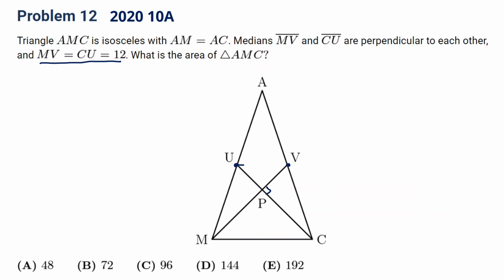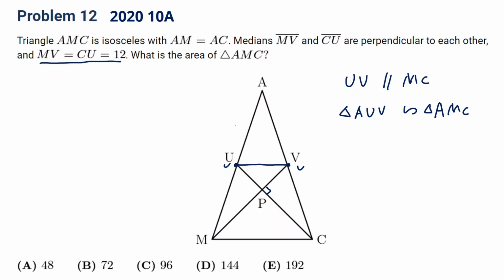First, very naturally, we will connect U and V. Because these two are midpoints, we will have UV parallel with MC. So triangle AUV is similar to the big triangle AMC.